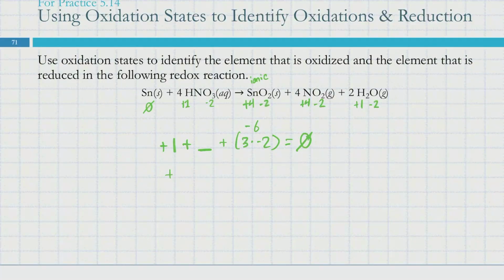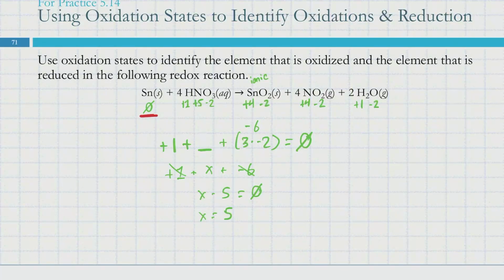So +1 -6 would turn into x minus 5 equals 0. So x is 5, meaning that nitrogen has a +5 oxidation state in nitric acid. So nitrogen is the other thing that changed numbers.